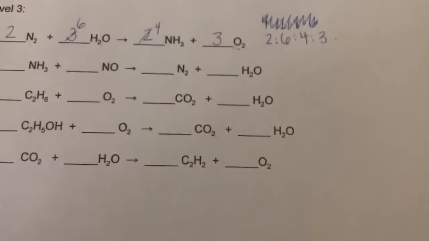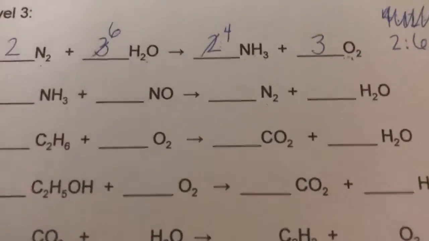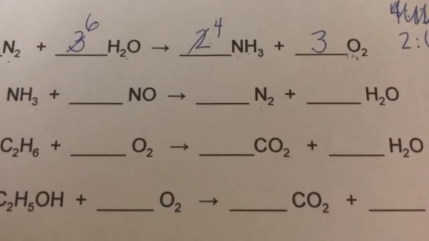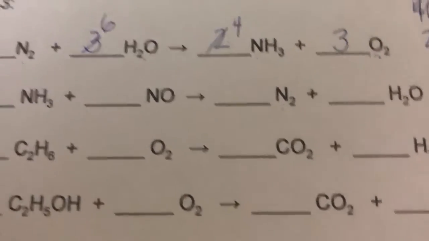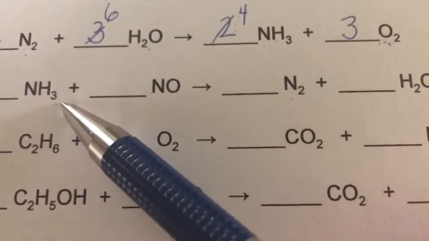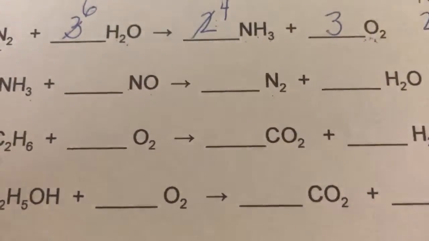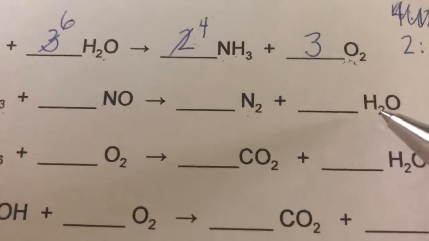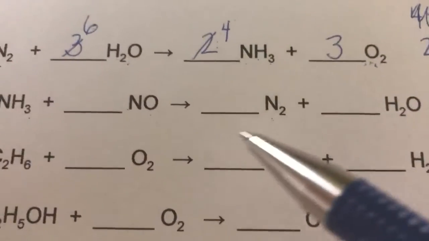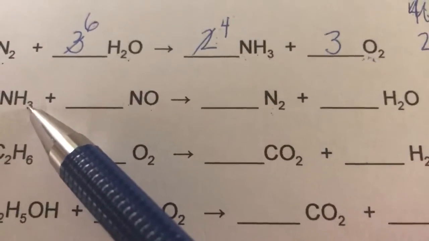Now I have hydrogen and oxygen to work with next. Okay, what do we want to do here? Neither one of my oxygens or hydrogens are by themselves. So let's just start with the hydrogen, because I see that I have 3 hydrogens here on the reactant side, and I have 2 hydrogens over here on the product side. They don't match. And I have an odd number over here.